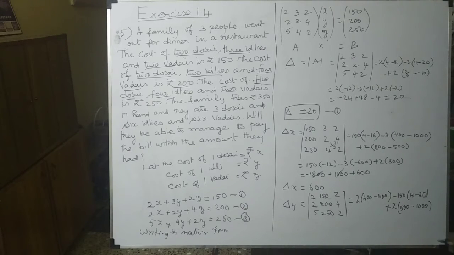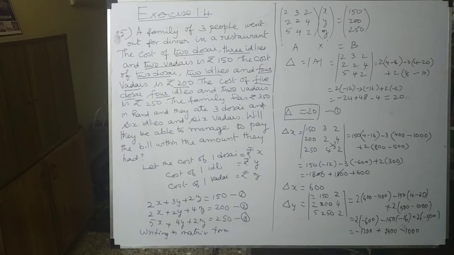So simplify this. You get 2 into minus 600, minus 150 into minus 16, plus 2 into minus 500. So this is equal to minus 1200 plus 2400 plus 2 into minus 1000.